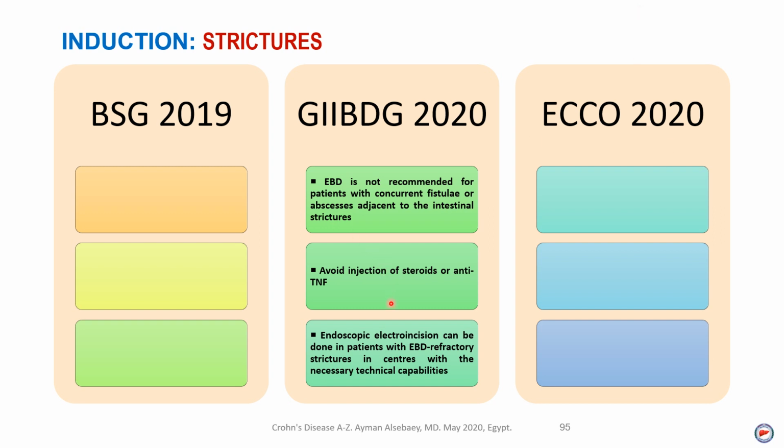They have no value. There are new techniques for managing strictures endoscopically, like electroincision. But they said that if you want to do endoscopic electroincision, it must be in special centers, and it should be used as a second-line therapy.